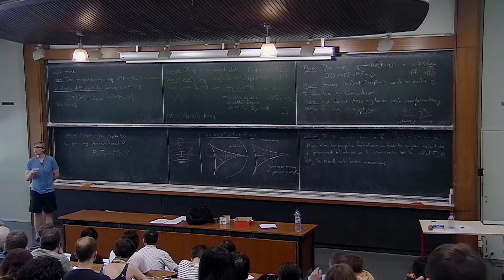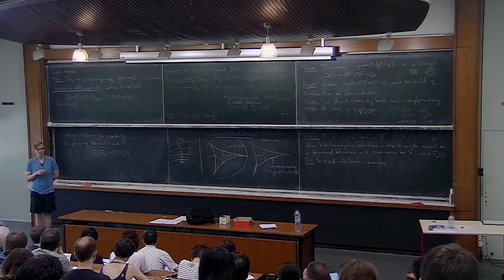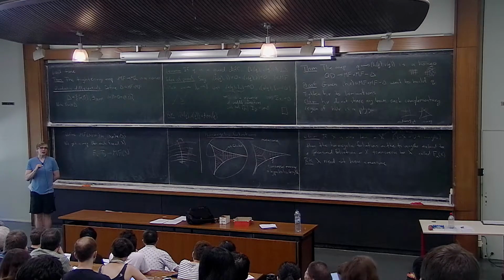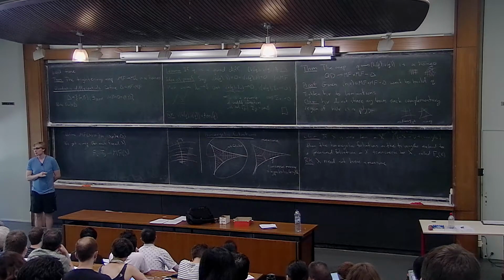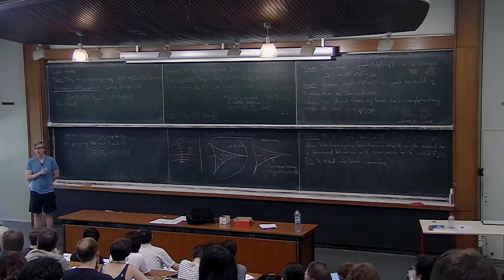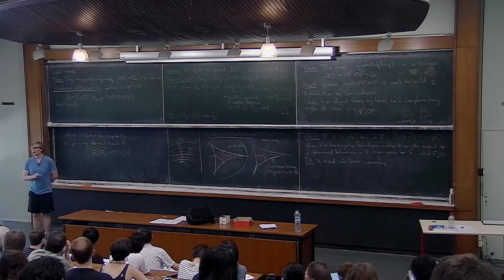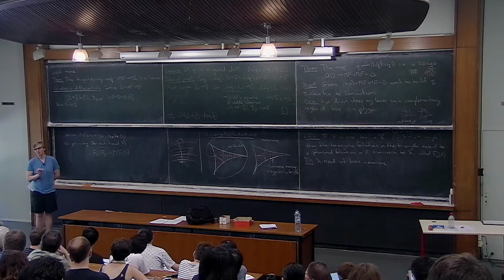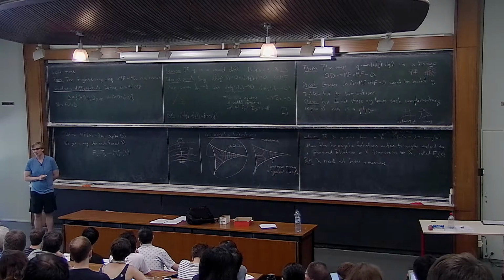If I didn't use the marking, then I'd get a measured foliation up to all diffeomorphisms of the surface, not just isotopy. So in other words, up to isotopy and the mapping class group and Whitehead moves. And that's a bad space. It's not as nice as just MF.